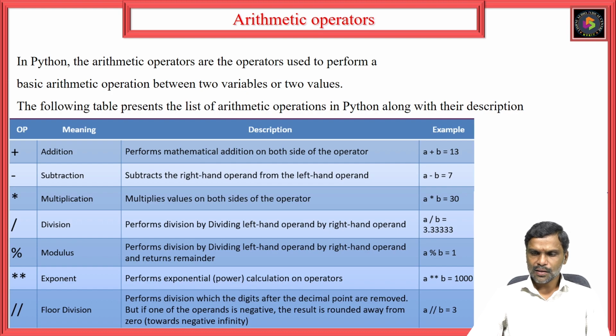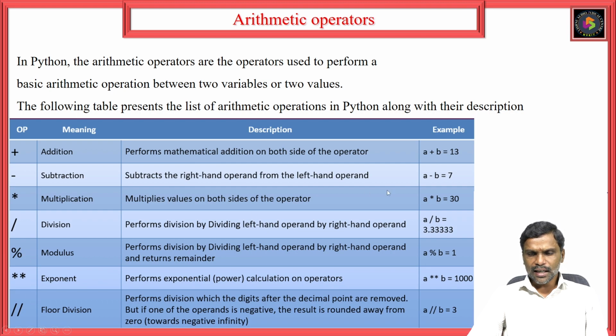It becomes 10 plus 3. So here a and b are the variables which are called operands, and this plus symbol is called the operator. All these symbols plus, minus, asterisk, division, modulus, exponent, floor division, these are the arithmetic operators.